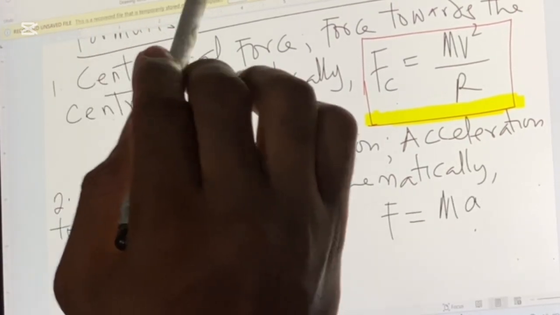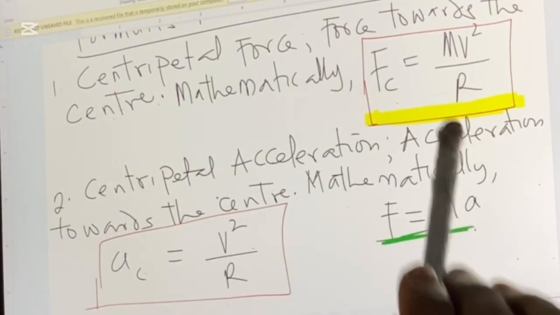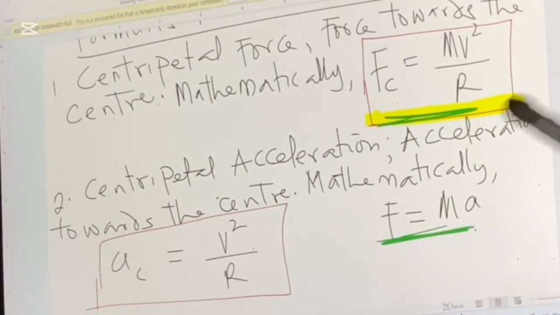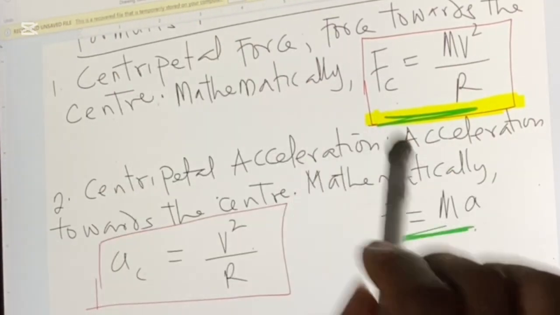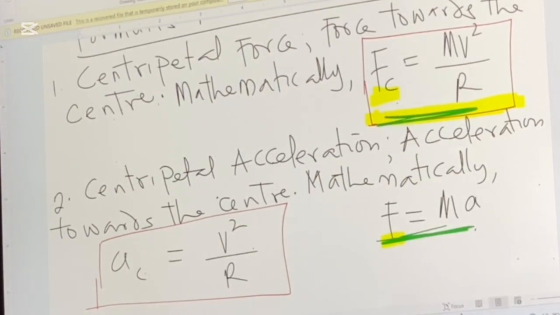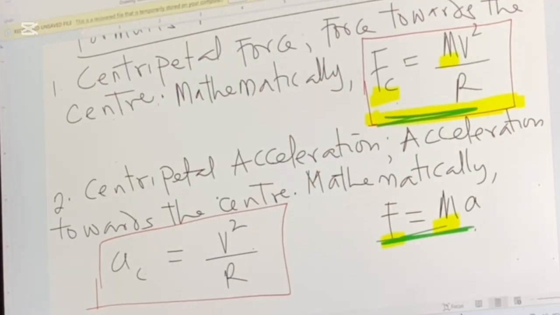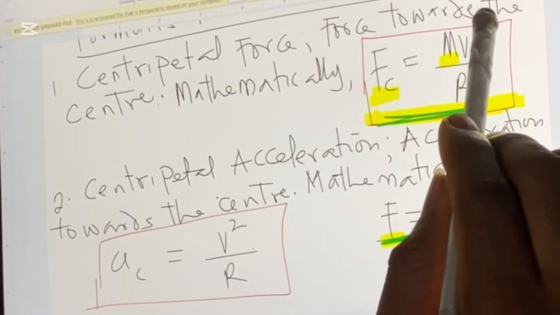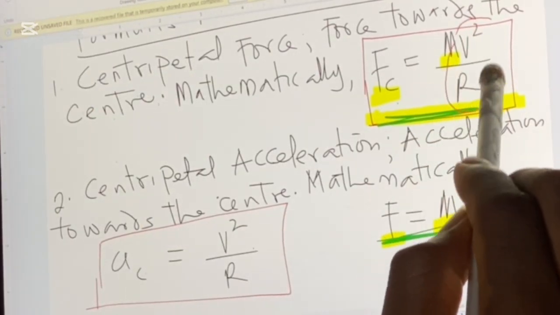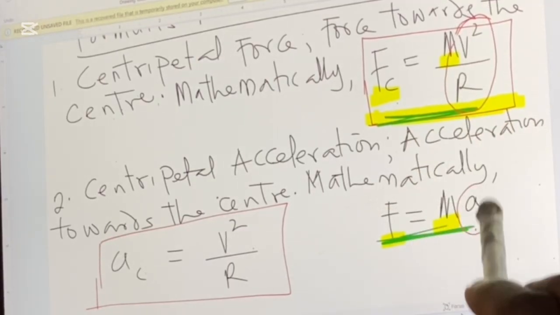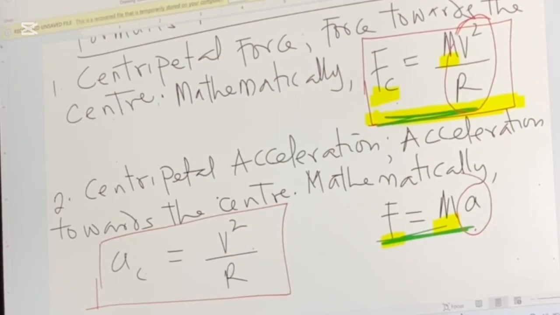When you compare these two, the first one is force, this is force. The second part is mass, this is mass. So it means that this particular part, v squared over r, will take the place of acceleration. But in terms of circular motion, we don't call it acceleration only, we call it centripetal acceleration. So Ac will be equal to v squared over r. Please take note.